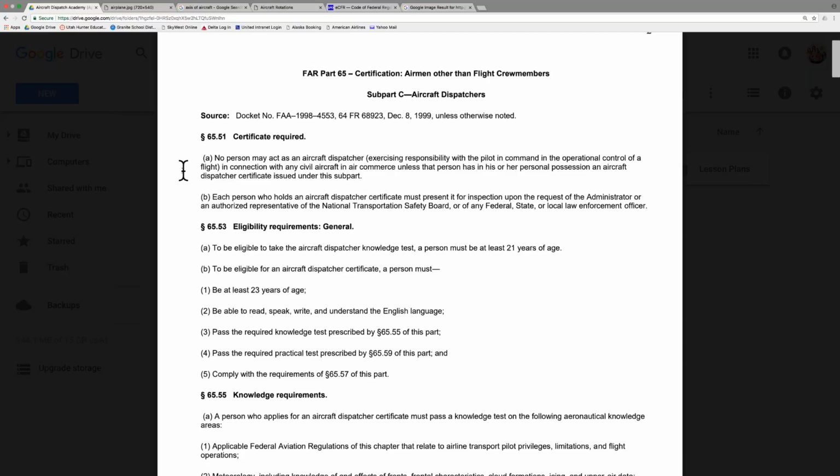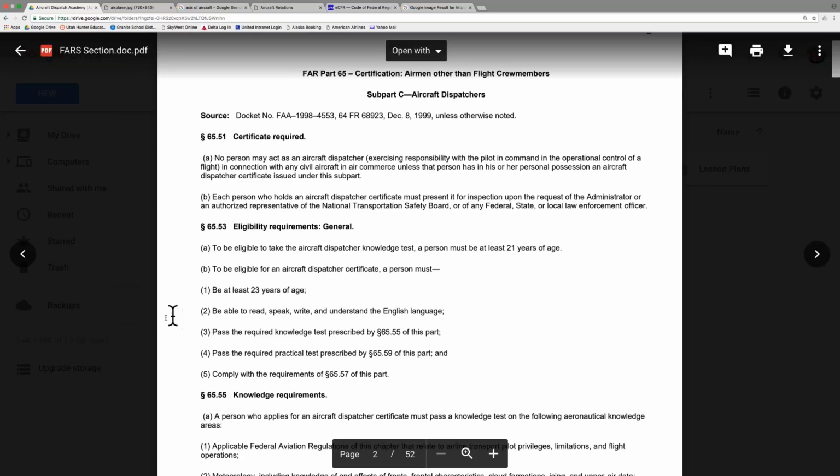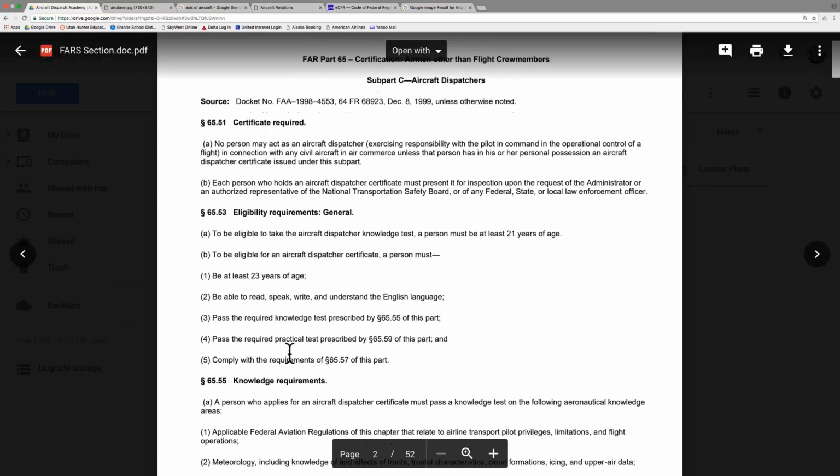So that's the practical part of the test. And the ADX, I think that's a dead horse that we keep beating. Any questions on any of that?